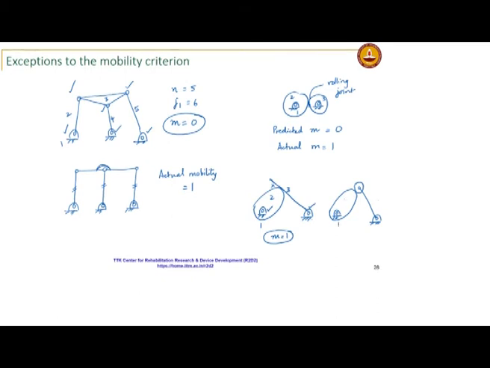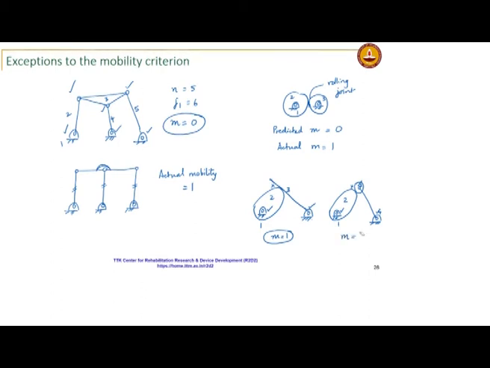So, in this case 1, 2, 3, 4, I have 1, I have that, this and this. What is my mobility here?